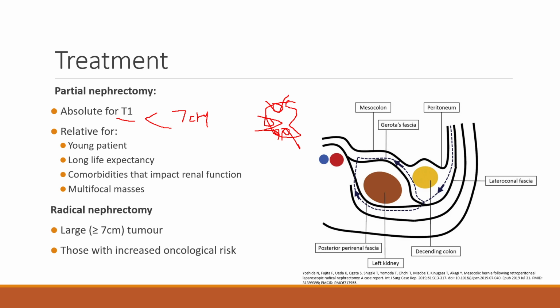And the radical nephrectomy is for a large tumor, larger than 7 centimeters, or those with increased oncological risk, such as after the biopsy there is a very aggressive histology. Oh, since I mentioned the biopsy, previously some said that a kidney biopsy before the surgery is dangerous and contraindicated because we were scared of infiltration or metastasis of the cancer cells.